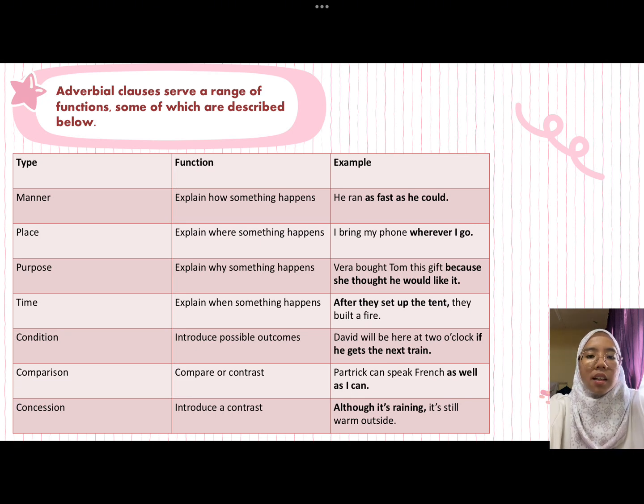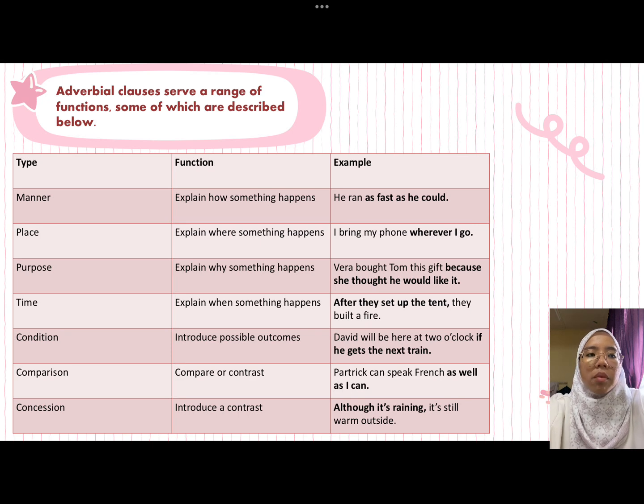The fourth one is, adverb clauses can explain when something happens. For example, after they set up the tent, they built a fire. This explains that after they set up the tent, they built a fire. And they explain when they built the fire.